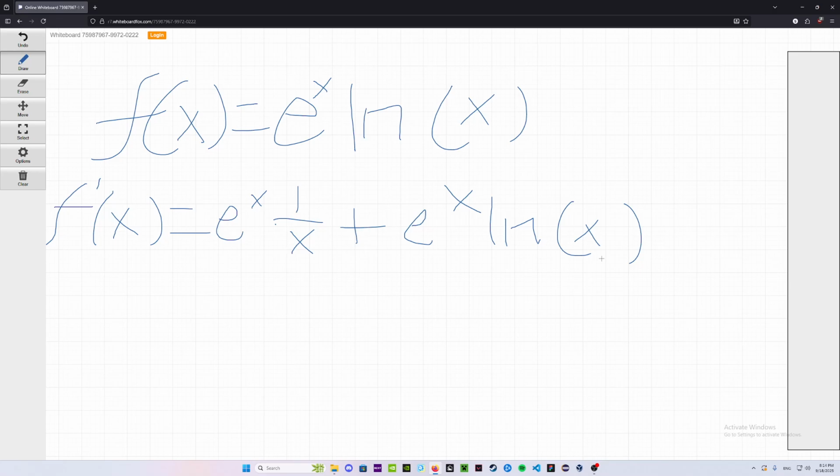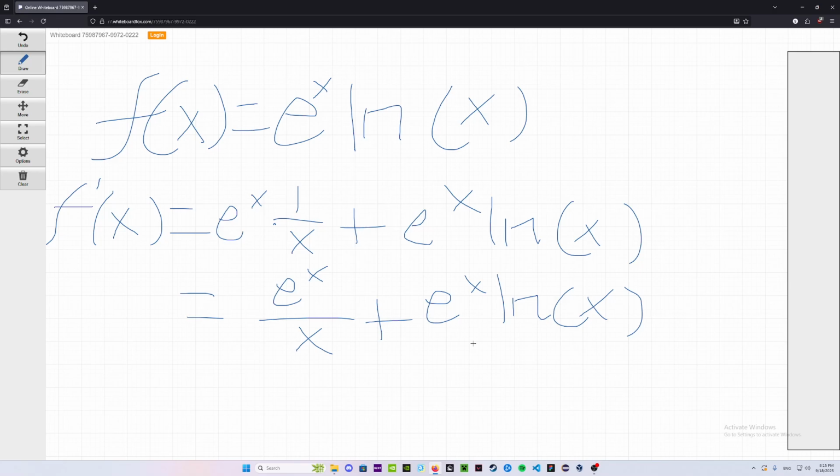You could also do this the other way. Same thing, but, you know. Okay, so we know these both have e^x. So we multiply these, and then we end up with e^x over x plus e^x ln x, just like that.